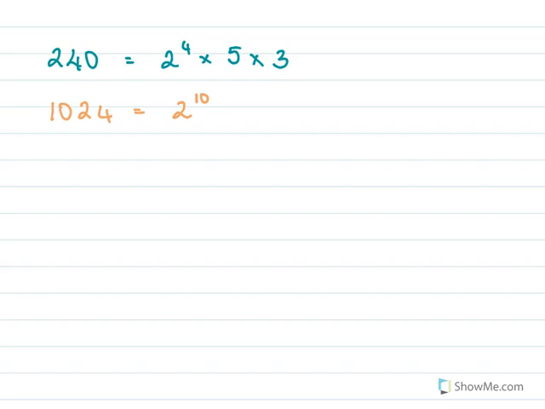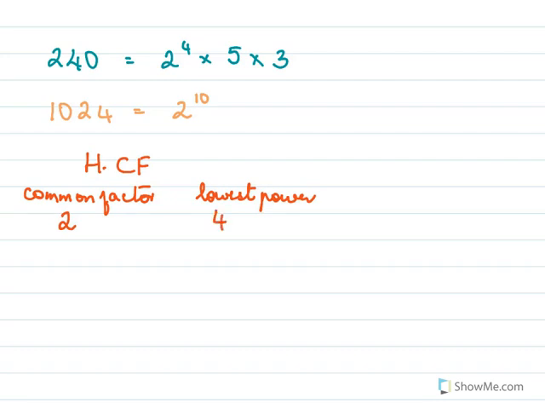We need to find the HCF. So for HCF, we write common factor and lowest power. The common factor here is 2, the lowest power is 4. So HCF is equal to 2 raised to 4, which is 16.